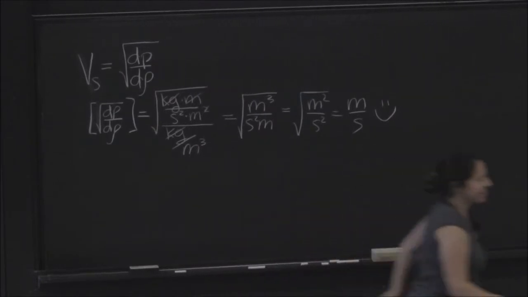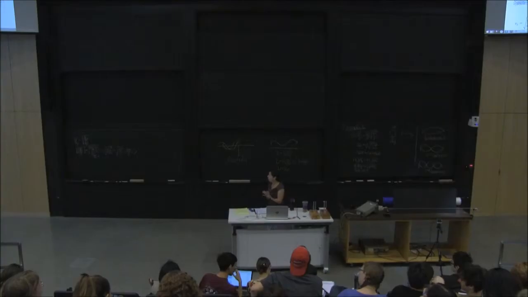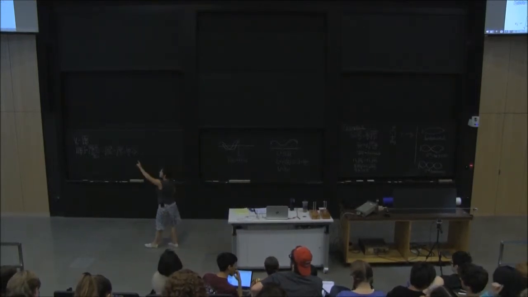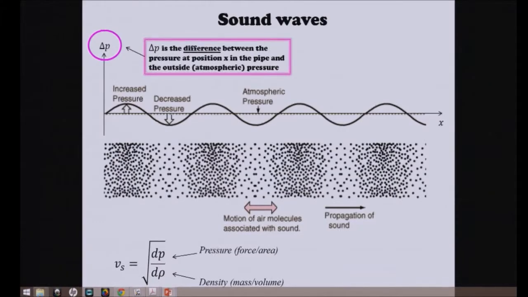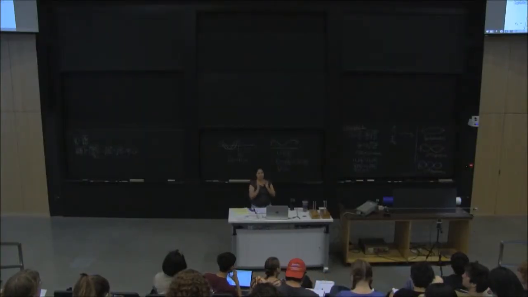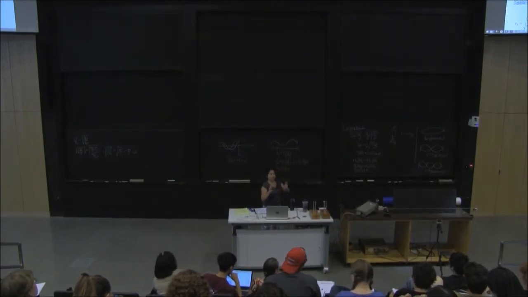So the units match, but does it actually make sense? Let's look at this equation and think about what it means. It says the speed of the wave is governed by how much the pressure changes in a material if you change its density. Imagine something where changing its density by a little bit changes the pressure by a lot.